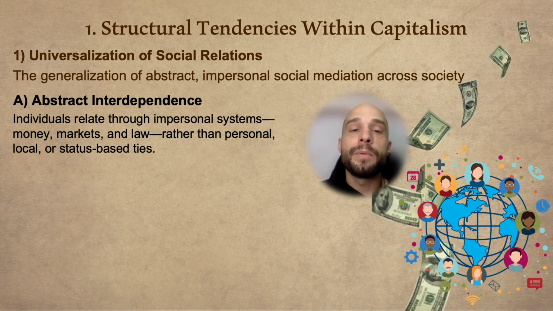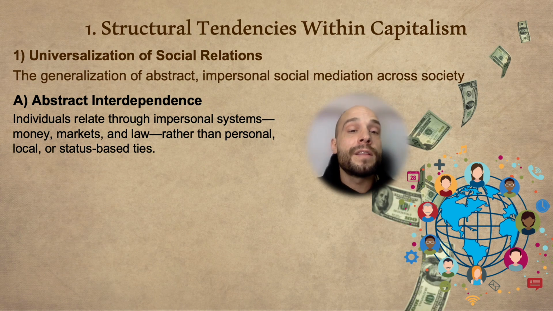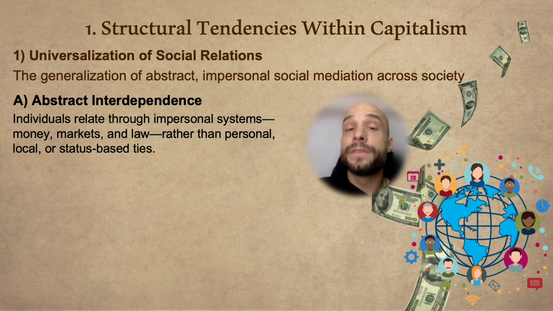Where pre-capitalist societies bound people through kinship, guilds, or locality, capitalism integrates everyone into a system that extends far beyond the village or family. A farmer in Iowa is structurally linked to a factory in China, consumers in Europe, and investors in New York. These connections are invisible, systemic, and unavoidable.